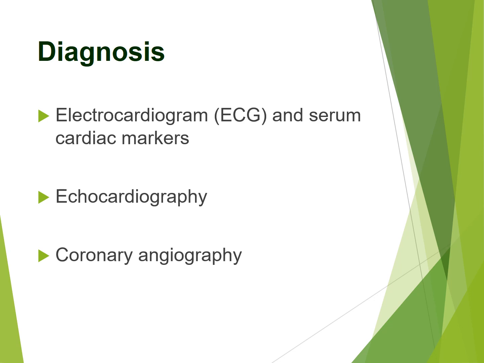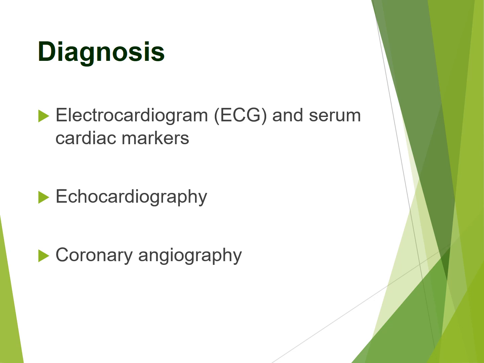ECG may show ST segment elevation, ST segment depression, T-wave inversion in patients with myocardial infarction or ischemia, but may be normal even in patients with coronary artery disease when the chest pain has disappeared and after the patient has rested.